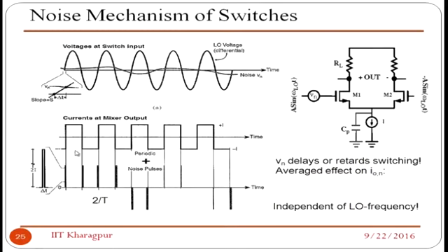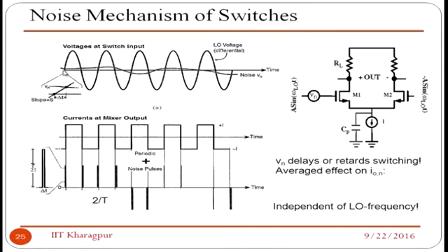Here we try to analyze the noise contributed because of the switching, because the LO essentially is a large signal. So how will this switching introduce noise into my system? This is the current at the output of the mixer, and this is the switching, this is the noise, and this is the input signal in the switch, that is your LO.